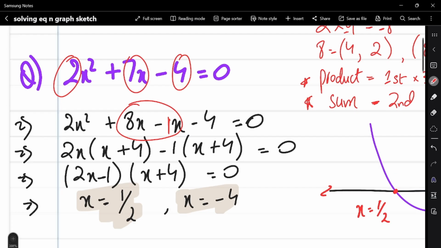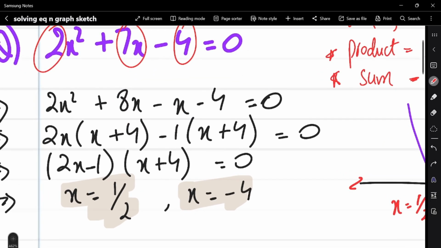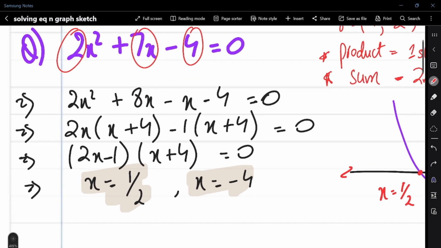Now in the second step we're going to divide the whole equation into two parts. So this is going to be our first part and this is going to be our second part.